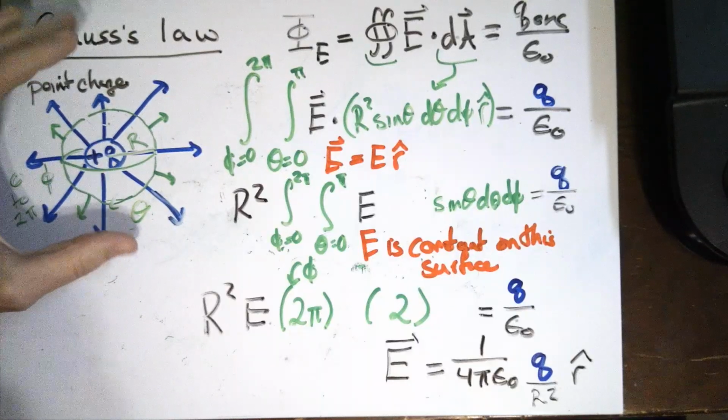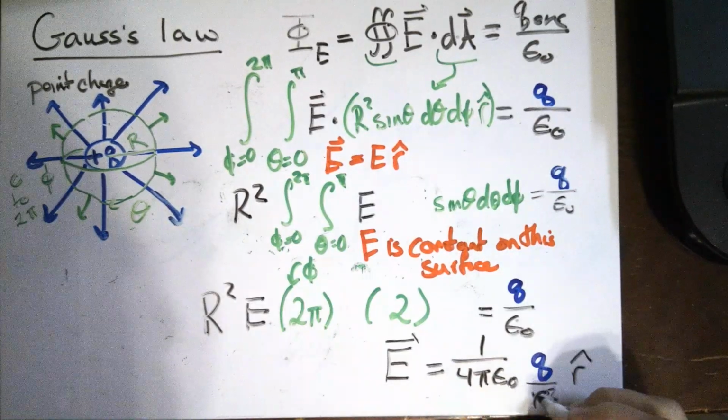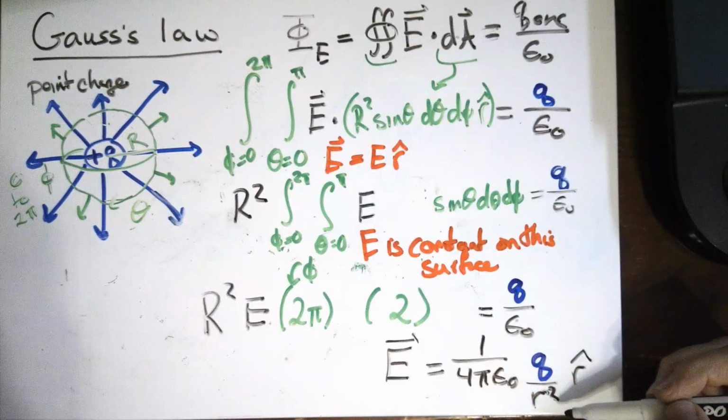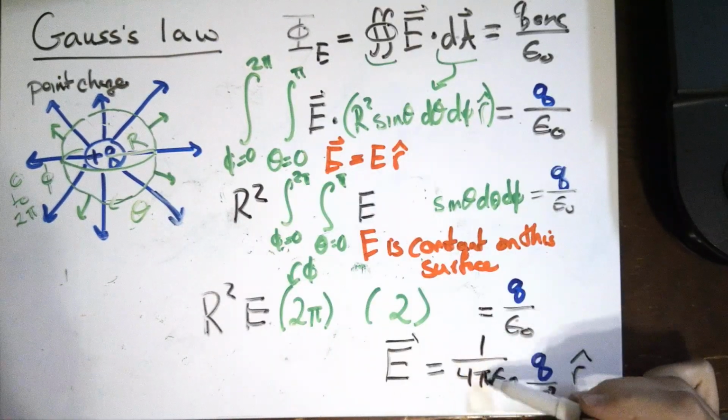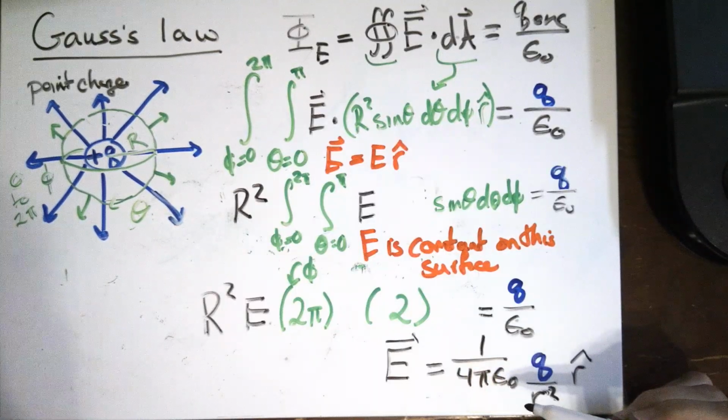We could have stretched or squished the surface however we wanted. So let's replace this with the normal little r that signifies this is variable. All right, so that is definitely the electric field of a point charge. Q over r squared r hat, and then the 1 over 4 pi epsilon naught, Coulomb's constant.